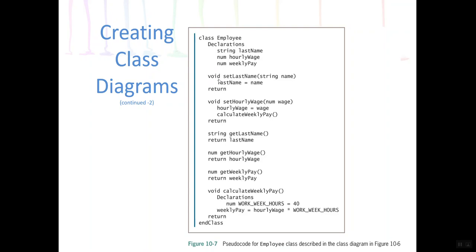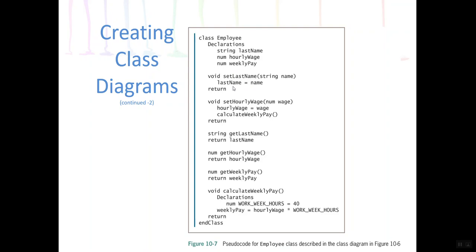Notice it has a void at the front. That means it doesn't return anything back to its caller, in other words, my console application that might use this employee class. The name of the procedure is setLastName, and in parentheses, remember, is a parameter that says it should receive a string piece of data, and we'll call it name. Name is used very quickly; it just turns around and uses it as the value to set this instance variable lastName.